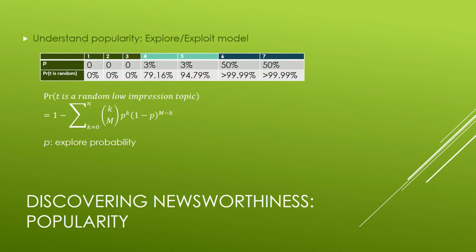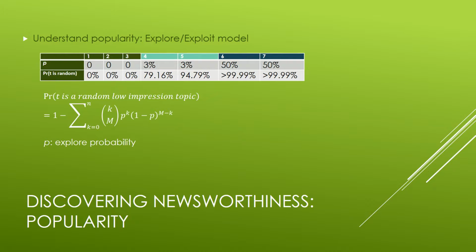Finally, we have to get the popularity right. We have this very famous explore-exploit model. It's been publicly reported that Yahoo News and LinkedIn use this model and get very impressive results. The basic idea is to allocate a few slots and allow low-impression topics to be randomly assigned to those slots, and you observe the engagement.